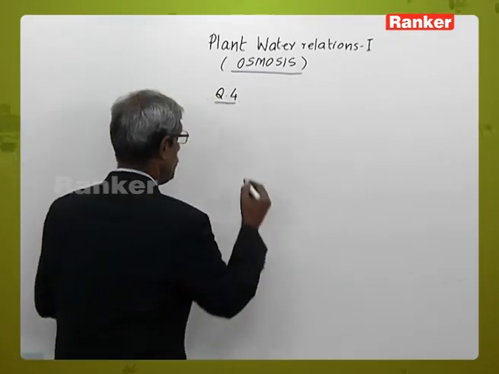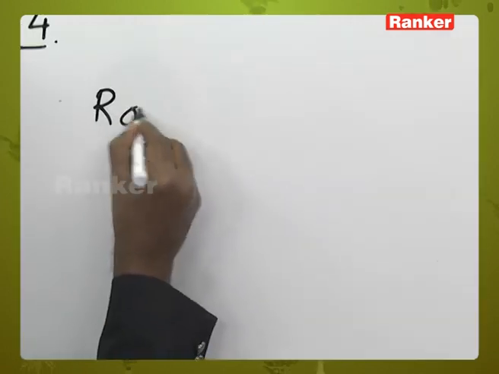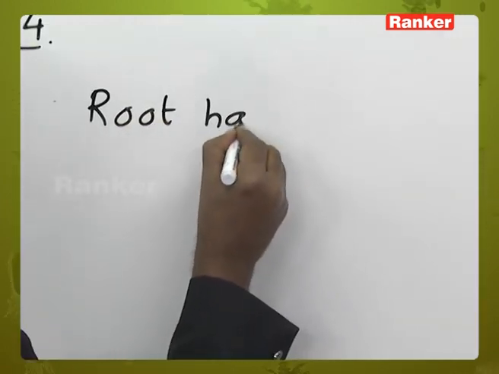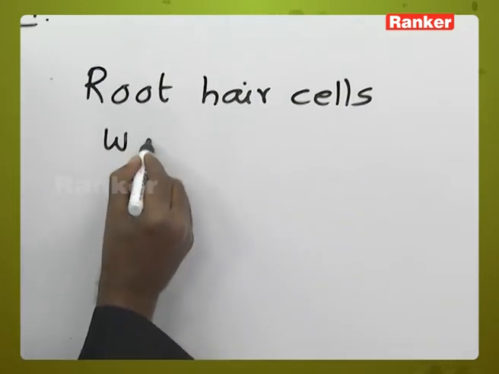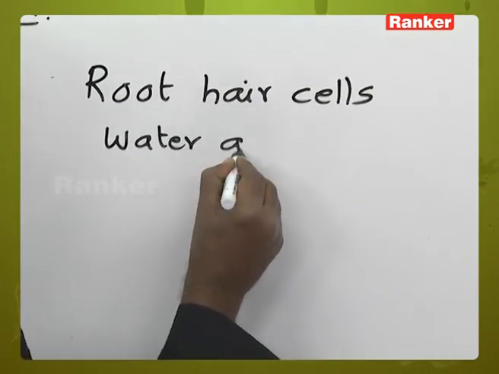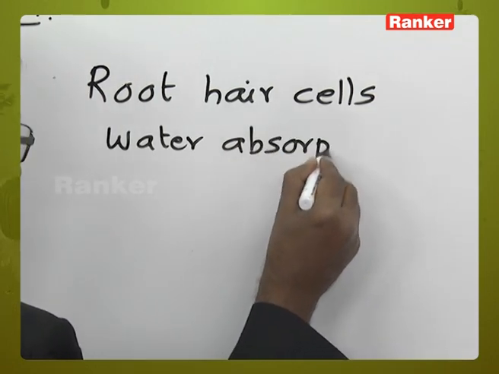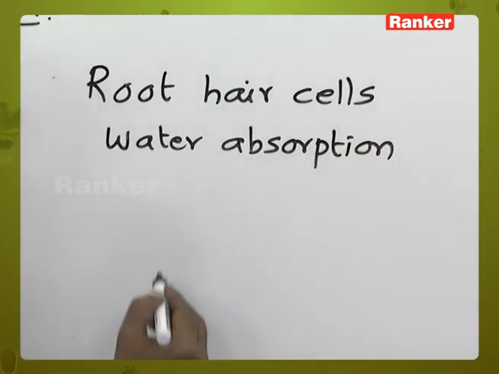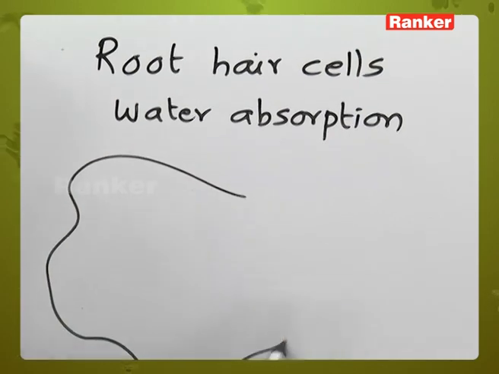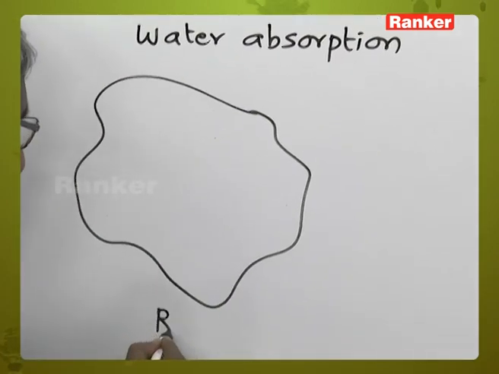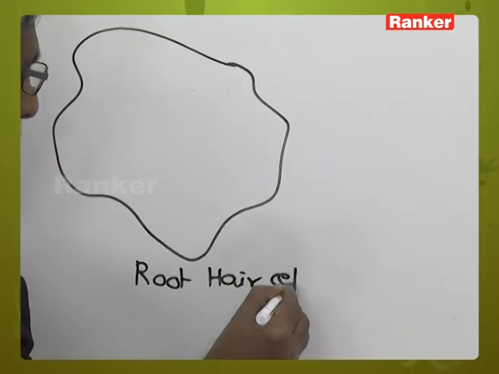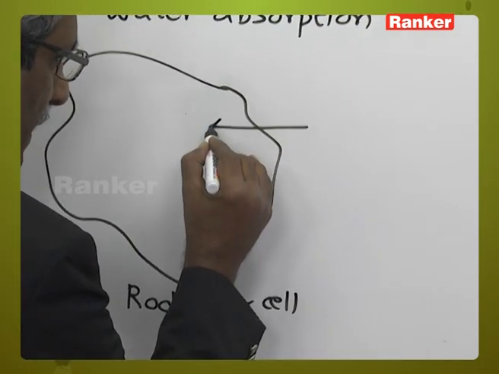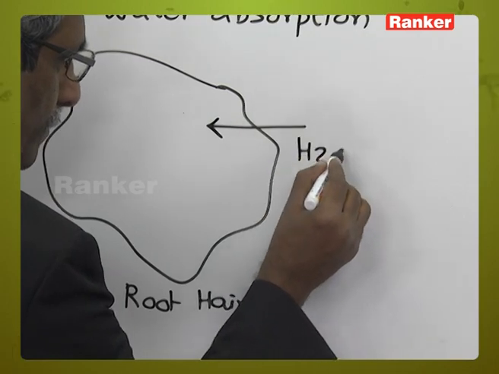Now when you take root hair cells, which are involved in water absorption, we have a typical root hair cell which is supposed to be taking in water from the outside.